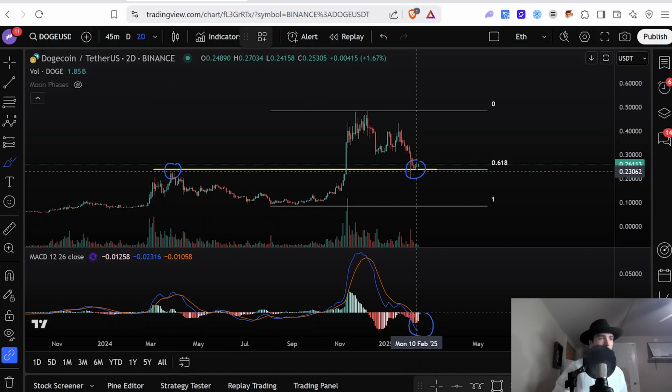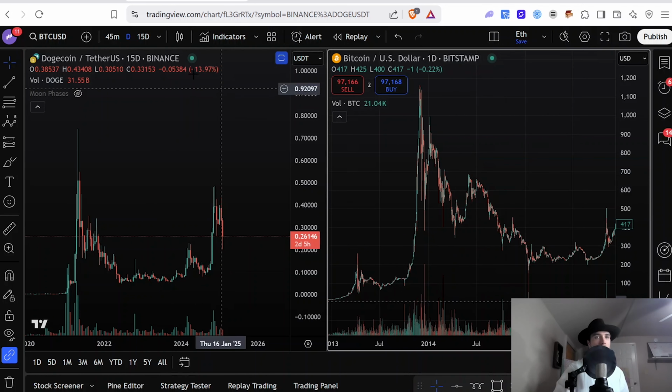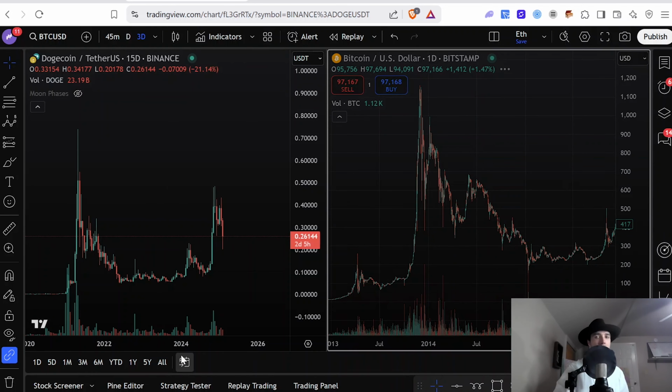Even before it had completed the correction, I was comparing Dogecoin to Bitcoin and looking at this market cycle because it's identical. It's the same exact cycle, the same human psychology repeating over and over again over here on Dogecoin that already happened on Bitcoin.